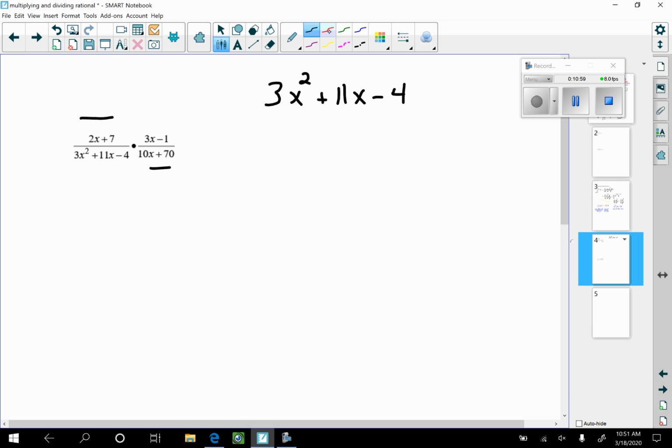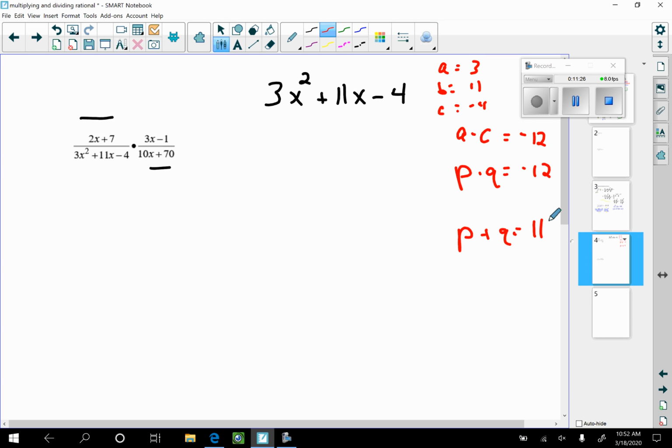Okay, so I'm going to use the AC method here. A times C, and we know what A is. A is equal to 3, B is equal to 11, and C is equal to -4. A times C is going to be -12, and I want two numbers, P times Q to equal -12, and P plus Q to equal 11.